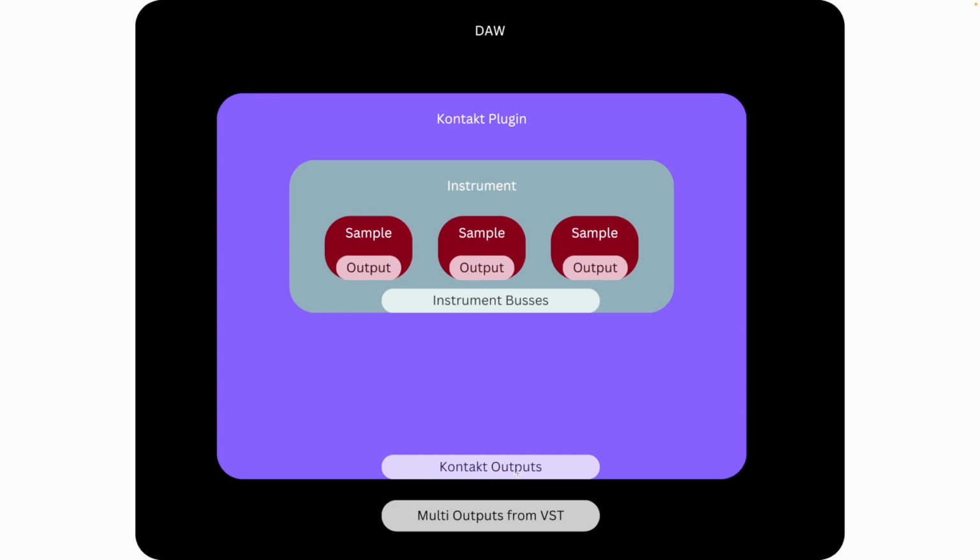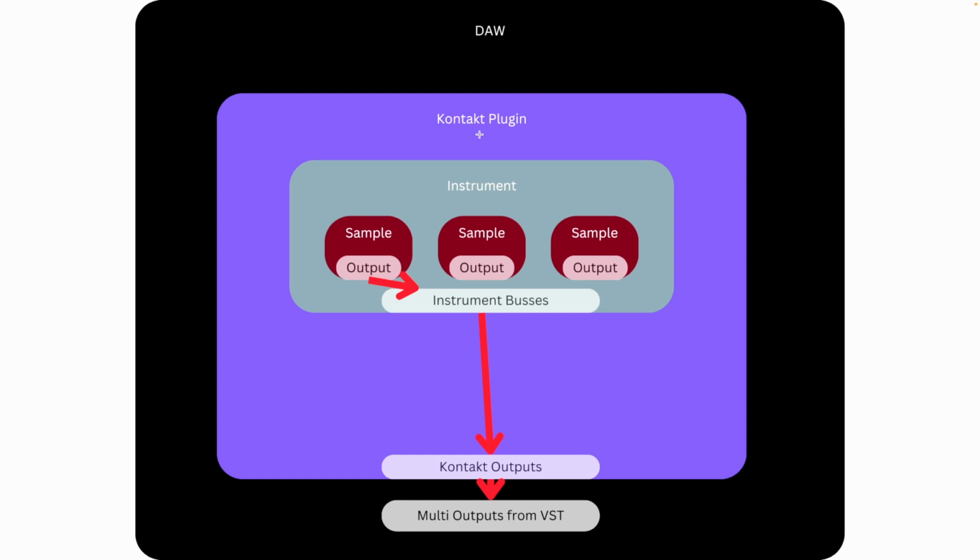And this is the step that many people don't understand. They think that you can send directly from the instrument buses to the DAW. No, you first have to assign your instrument buses to Kontakt outputs, and then you can send the Kontakt outputs to the multi-outputs from the VST inside your DAW.